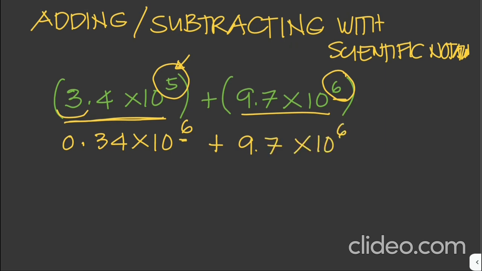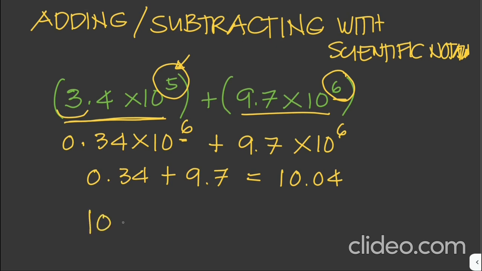We can just add the coefficients. So the coefficients are 0.34 and 9.7. We can just add them up. This would give us 10.04. And then we rewrite this in scientific notation. Therefore, our answer would be 10.04 times 10 to the 6.